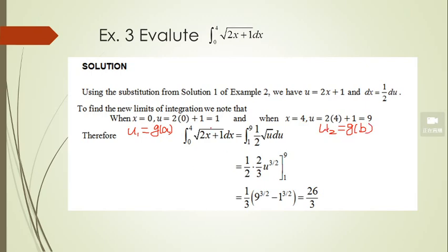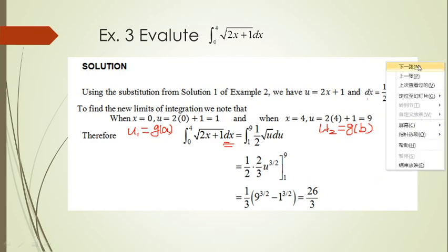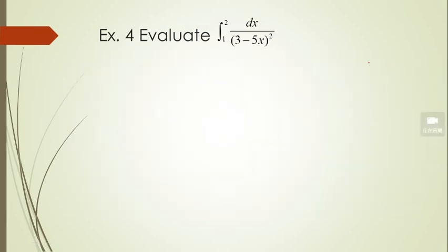So root 2x plus 1 is root u, and dx is 1/2 du. Then finally 1/2 times 2/3 gives 1/3, so 26 over 3. There is no problem with this example 3.